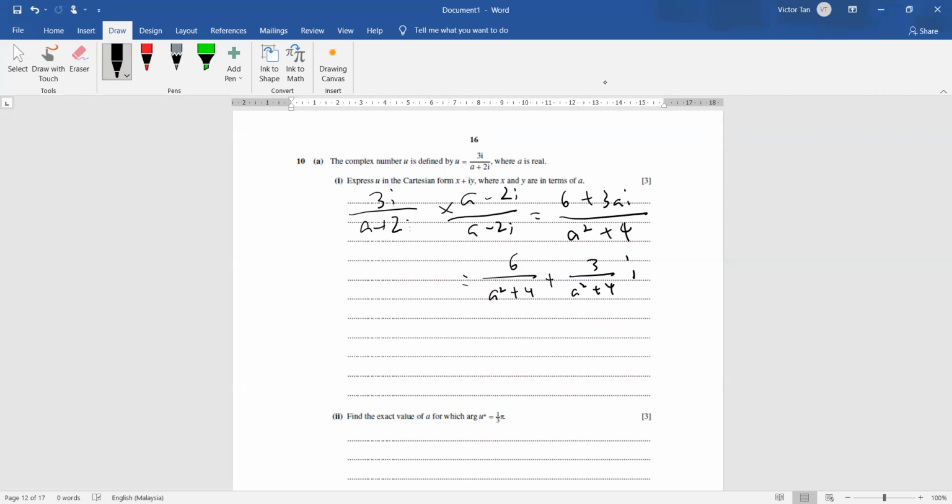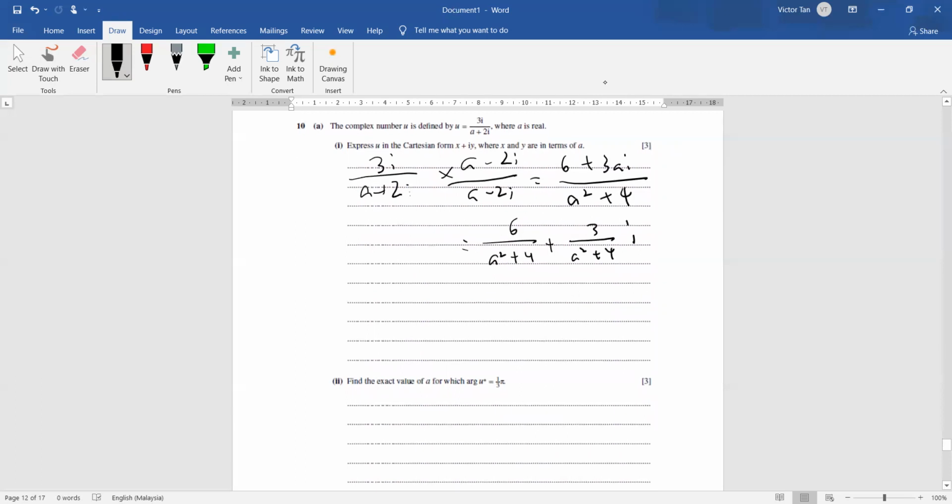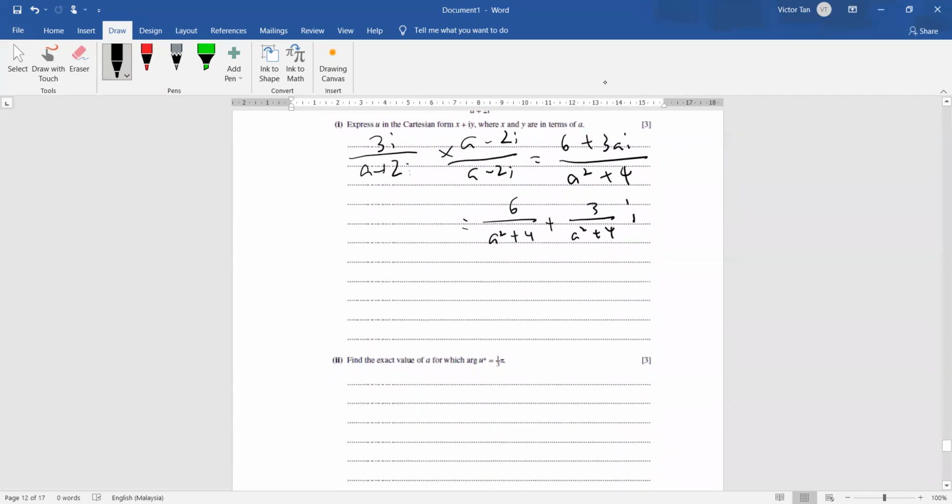Okay. Find the exact value of a for which the argument of u is pi over 3.